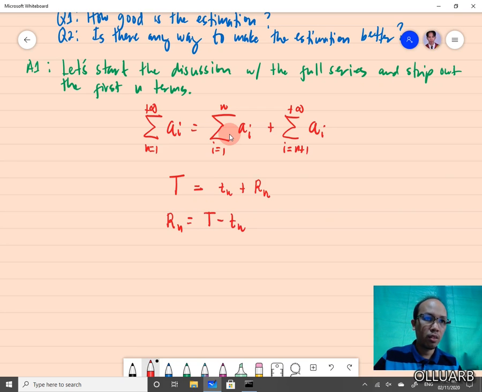We can transpose t sub n to the left hand side and then use the symmetric property. So r sub n is what we call the error, this is the n partial sum, and this is the sum of the series.